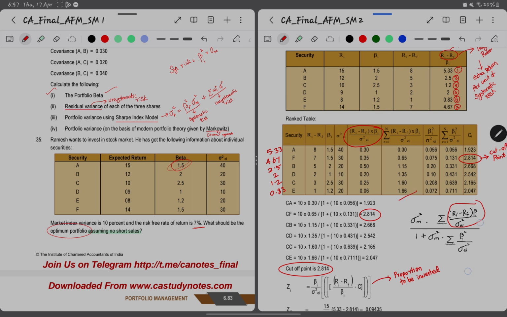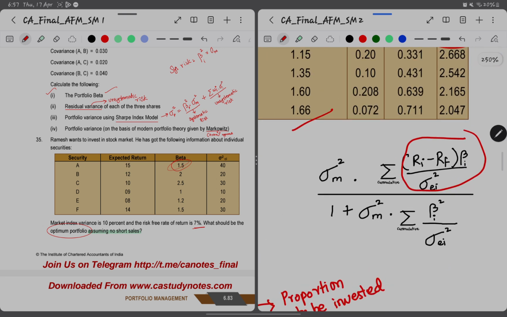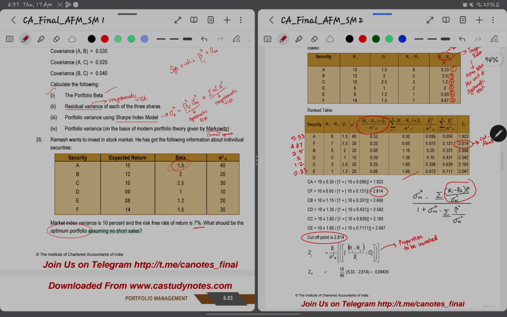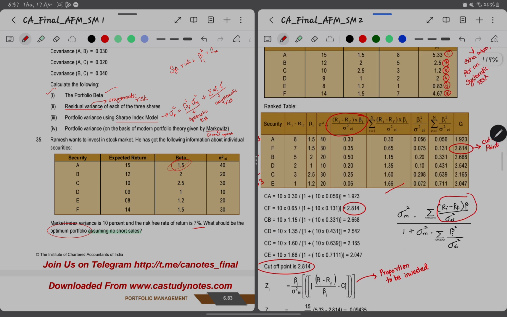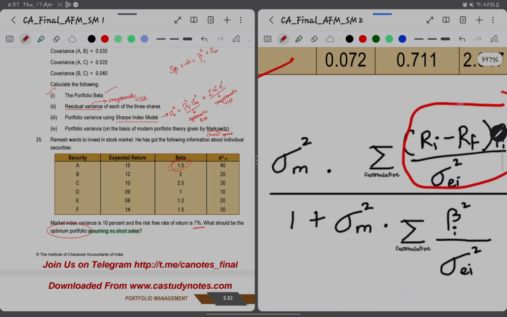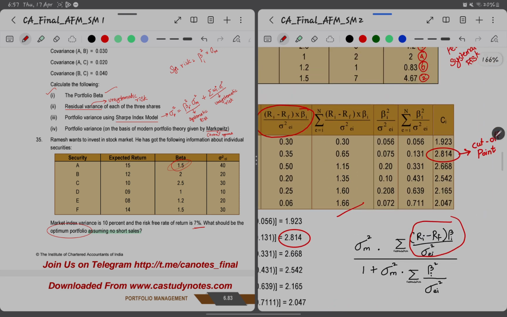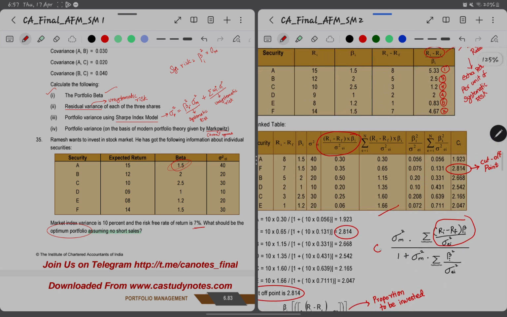Now we need to find out the denominator. Denominator is beta square divided by unsystematic risk. So beta square we know, and unsystematic risk also we have here. Dividing that will give these values. These values also have to be in cumulative form. So once after applying the cumulative formula, then Ci we have to calculate like this.